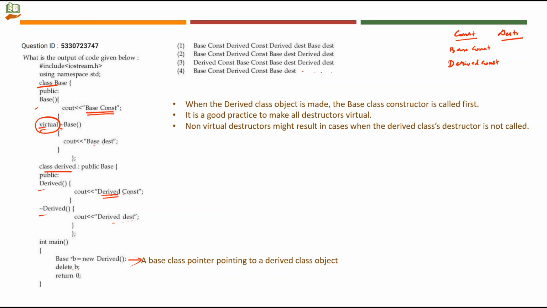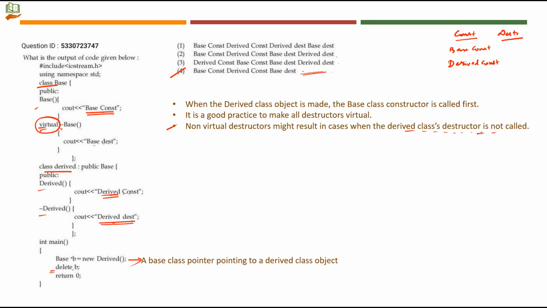So from this point we can rule out option 4 from the answer list. Whenever non-virtual destructors are there, there is a possibility that the derived class destructor is not called. When it is called, what does it mean? You will have this statement printed here. Since the statement is not printed here, we are ruling out option 4.